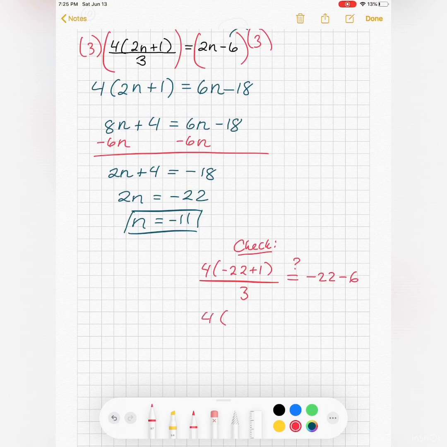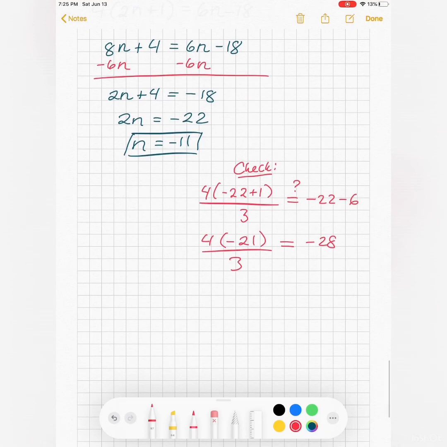This is interesting. Oh, it does come out right.